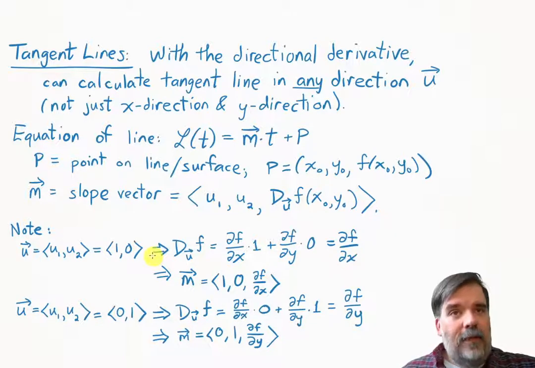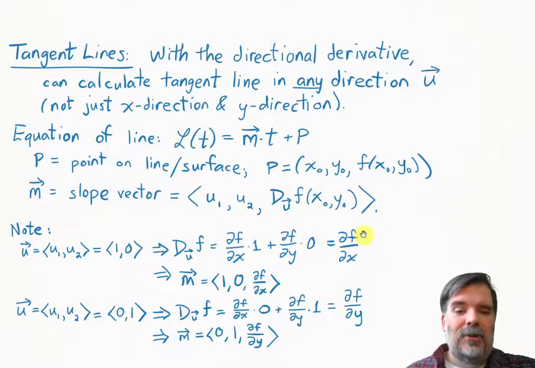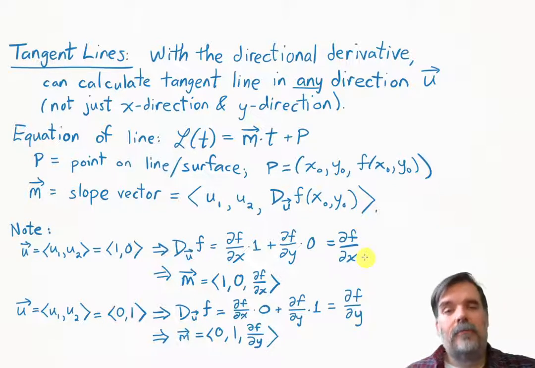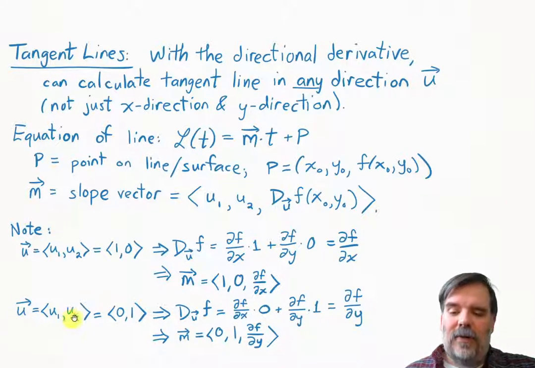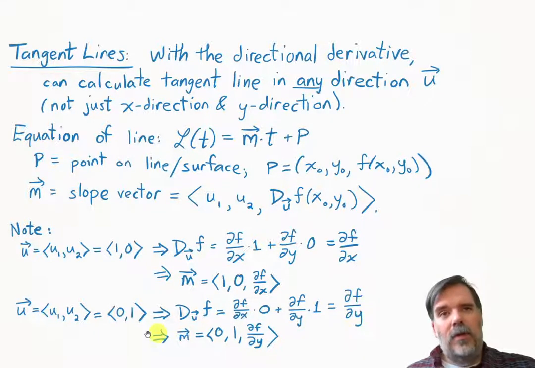The derivative of f traveling in the direction (1,0), that's traveling along the x-axis, so that derivative should just be the partial derivative with respect to x. Similarly, if you were interested in calculating the directional derivative in the direction (0,1), you'll find that the directional derivative D_u f is equal to df/dy, the partial derivative in the y direction, which again makes sense because this vector (0,1) points along the y-axis.